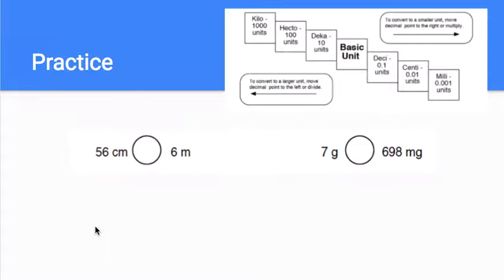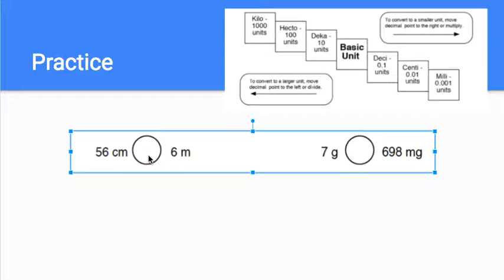Okay, next question. This is where we're going to try comparing some numbers. If I wanted to compare 56 centimeters to 6 meters, and say if that was greater than, less than, or equal, well, I can't compare them when the units aren't the same. So first I need to change one of these so it matches. I can either change this one to be meters, or I can change this one to be centimeters.